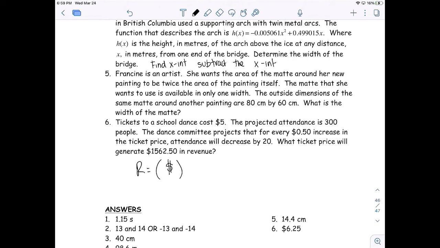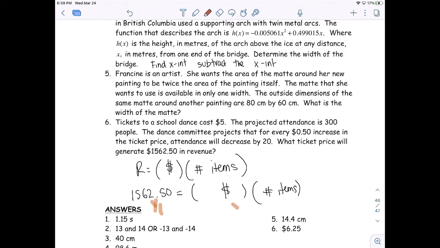And the last one is where you use that revenue equals cost and number of items kind of situation. We've done a few questions like this. So it's two brackets: one's the cost bracket, one's your number of items bracket. The only difference is now revenue is going to be replaced with $1,560.50. And then you write your money bracket and your number of items bracket.